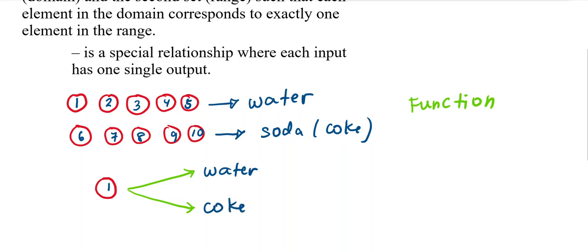When you press one, you want to know what you're getting exactly. If you know what you're getting exactly, then that's a function. But in this case, if you press one and one time you get a water, and then you press one again and the next time you get Coke, then that means the machine is broken, and you can say that that is not a function.